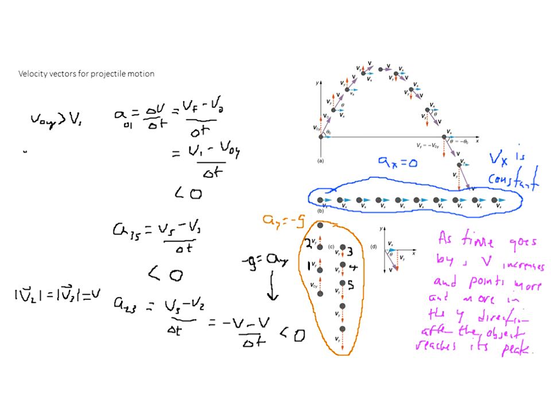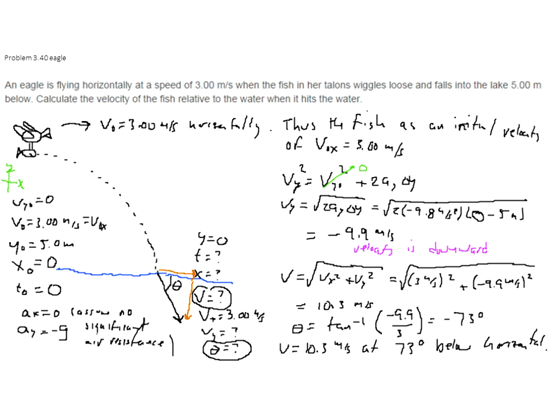Key points for projectile motion: x velocity stays constant, the y velocity changes by this acceleration factor, -g. As something falls, the velocity increases because the y velocity is increasing.